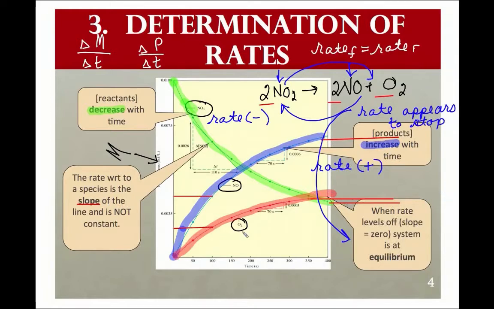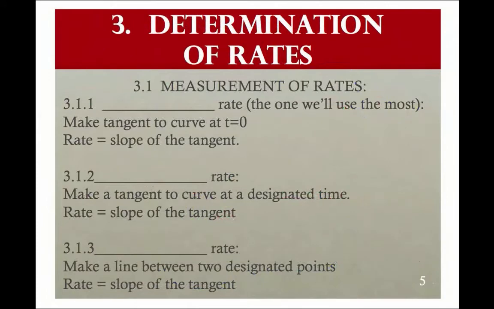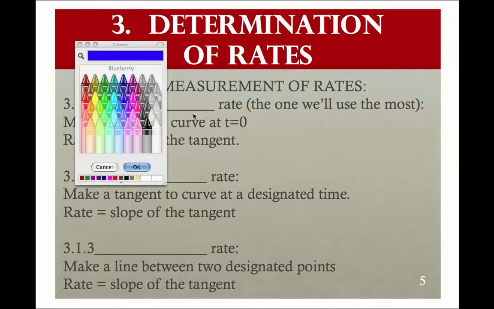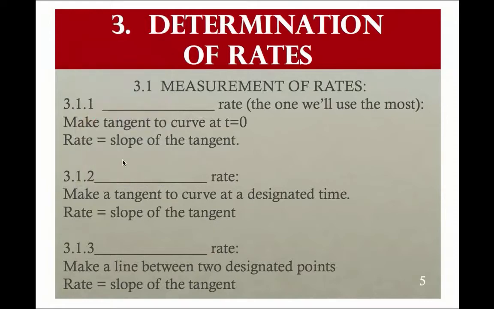Now, we're going to set that aside for now and just focus on the beginning parts of this graph and define the way scientists measure their rates, or rather the points at which scientists measure their rates, not exactly the experimental manner with which they do it. So let's take a look at, whoa, crayons, get something pretty here.